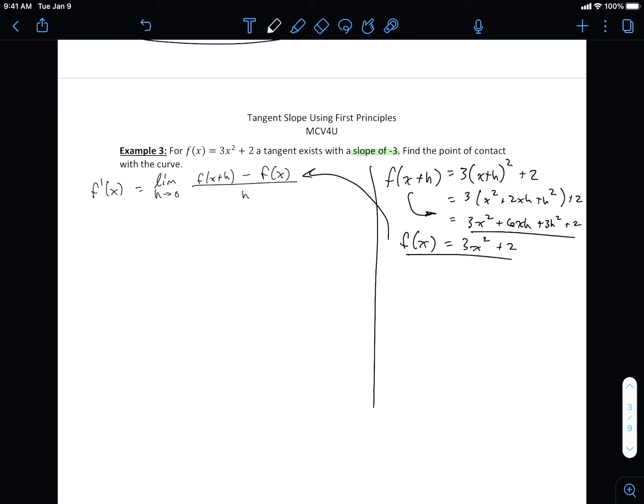Let's replace them appropriately in the first principles. f prime of x is equal to the limit as h approaches 0 of f of x plus h, which we learned is 3x squared plus 6xh plus 3h squared plus 2. Now, careful, minus 3x squared plus 2, all divided by h.